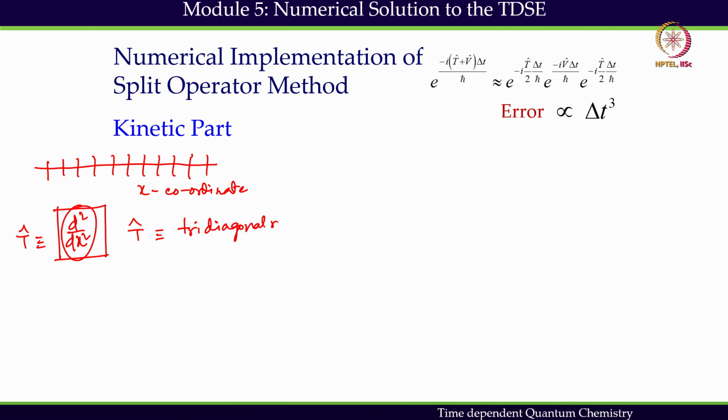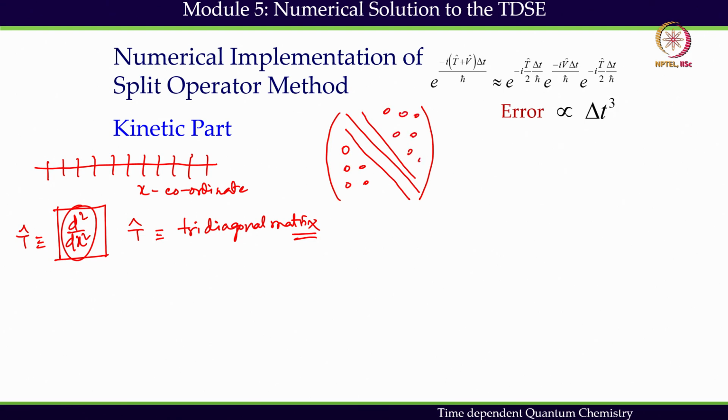Tri-diagonal matrix. This has been presented already in module 4, the last module. And what does it mean by tri-diagonal matrix? This operator looks like I have a diagonal value, I have an upper diagonal and a lower diagonal. All these values are present, the remaining parts are 0. That's why it is called tri-diagonal.